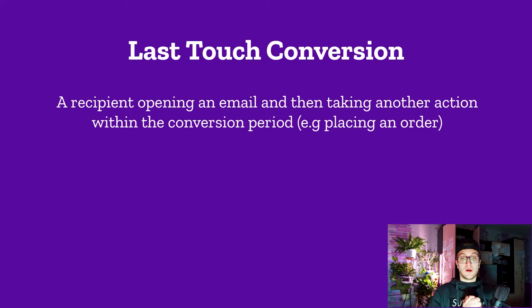Hopefully that makes sense. And this is actually the most accurate way to track purchases. Because if I open an email and within 5 days I buy the product, well then maybe it's Klaviyo that did the work. Not maybe, but there's a way higher chance that it did than if you were tracking just with Google Pixel.